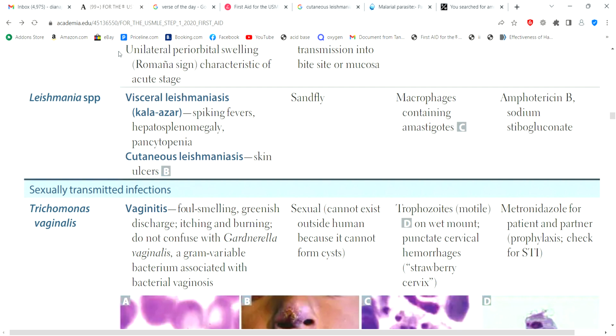When you do the wet mount, you see trophozoites moving around. And you see strawberry cervix, which are red bumps on the cervix, like a strawberry. So you're not going to forget this picture.